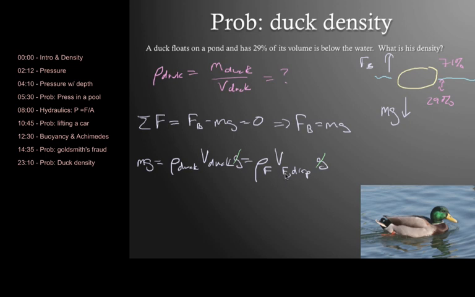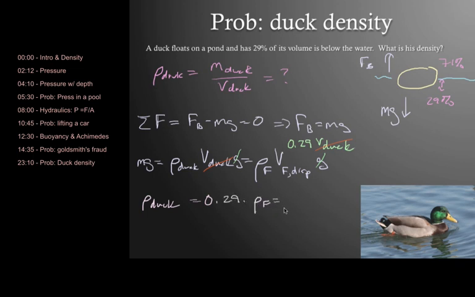So this volume that's displaced is actually 0.29 times the volume of the duck. And we have the volume of the duck on both sides too. So what we have is rho of the duck is equal to 0.29 times rho of the fluid.